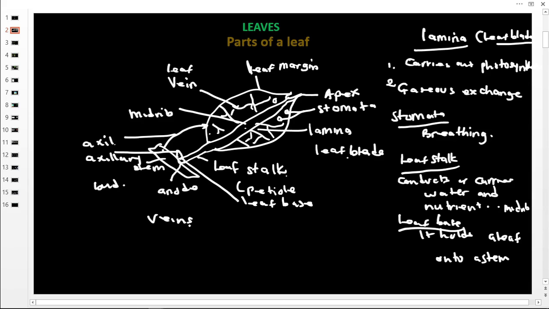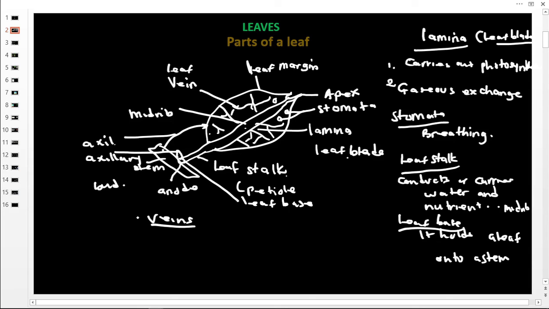Then these leaf veins, as you are seeing them: if the leaf stalk brings the water and nutrients to the midrib, then the leaf veins are going to get the water and nutrients from the midrib and supply them to every part of a leaf. At the same time, these veins conduct food that has been made by the leaf to the midrib, then the midrib takes it to other parts of a plant, to the stem, then the stem takes it to the storage organs of a plant.